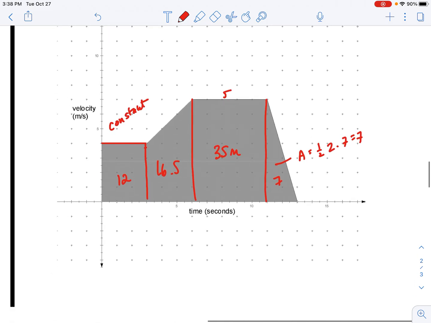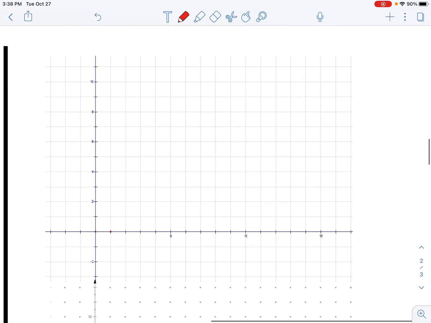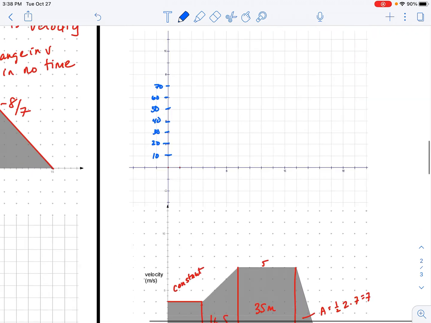Okay, let me do a little more thinking here to plan this out. I'm going to add all of these numbers together because I need to make a scale up above. So I'm going to add 12 plus 16.5 plus 35 plus 7, and I'll make my scale about 75, 80. Okay, so we'll say it's 10, 20, 30, 40, 50, 60, 70.